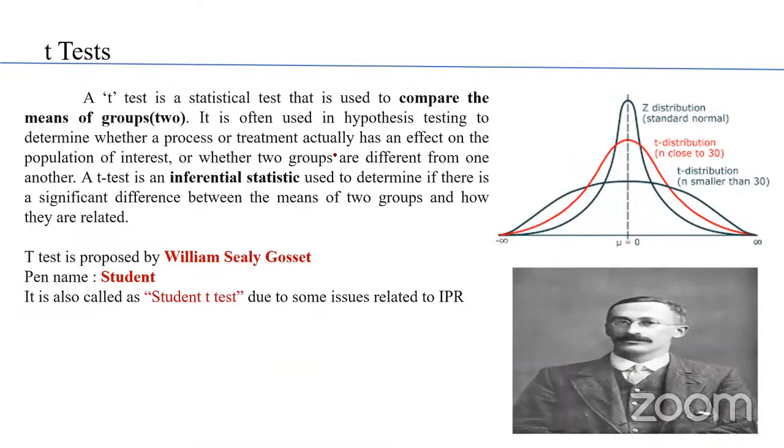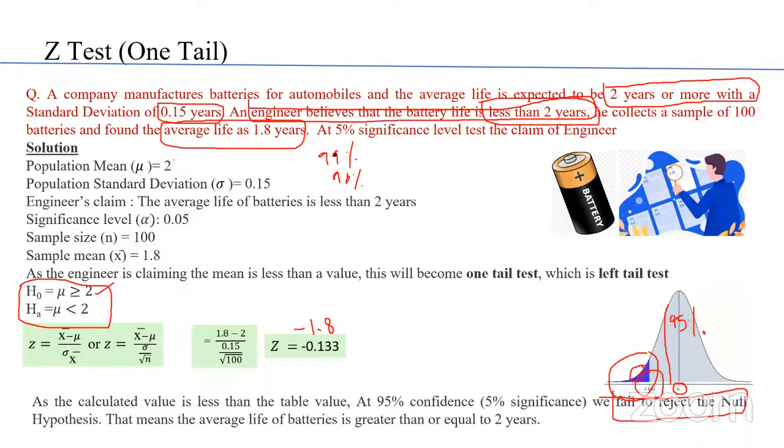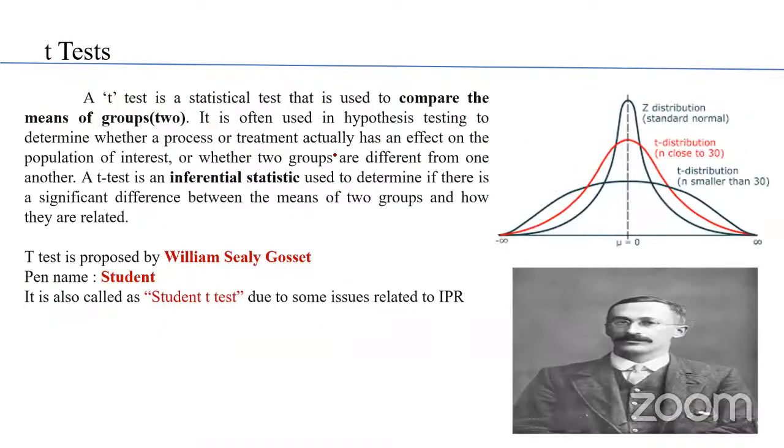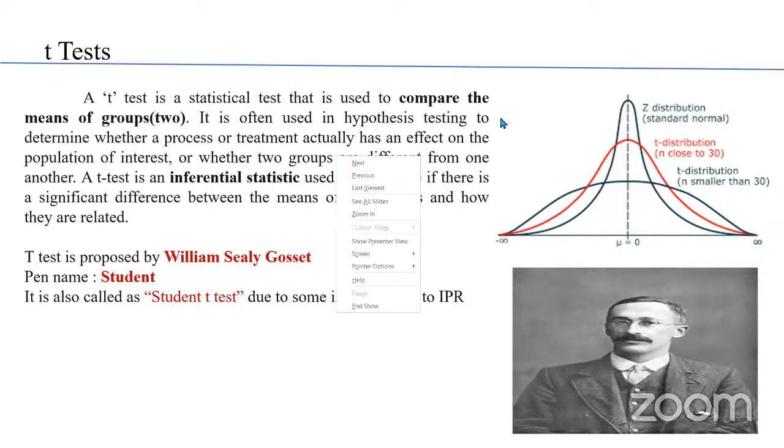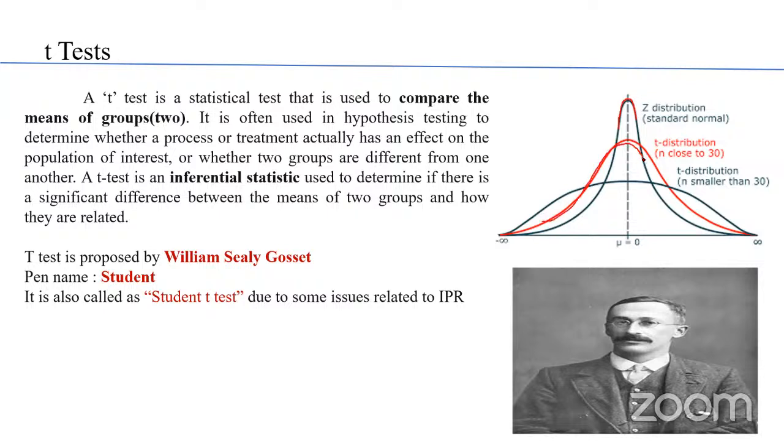Till now, we have seen the Z test, one tail, two tail, because we have had a larger number of samples. If you see, I've shown the normal distribution. The standard normal distribution will be this green line, and the T distribution is this red line, which is almost equal to normal at around 30.